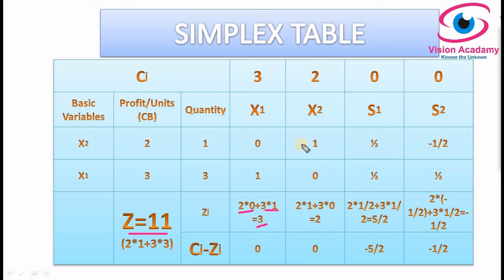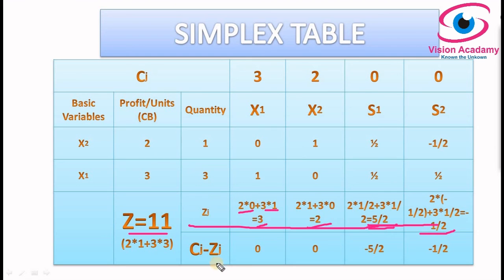And for the second, 2 into 1 is 2, 3 into 0 is 0, so the value is 2. 2 into 1/2 plus 3 into 1/2, the sum is 5/2. And 2 into minus 1/2 plus 3 into 1/2, the sum is 1/2. So in this way we obtained all the Zj values.